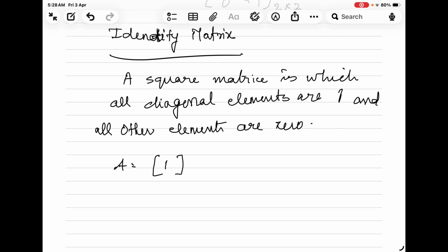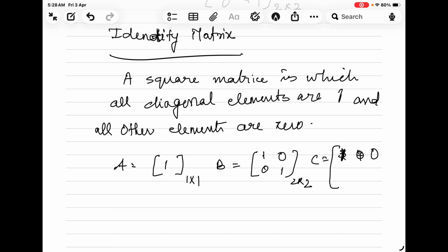This is 1 by 1. B equal to 1 0 0 1. This is 2 by 2. And C equal to 1 0 0, 0 1 0, 0 0 1.